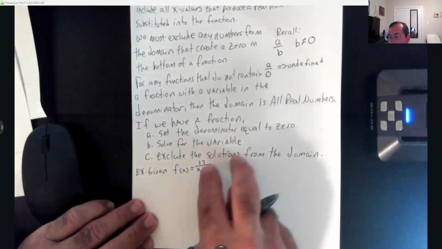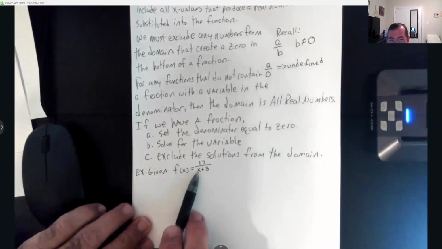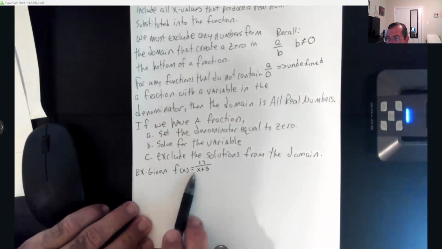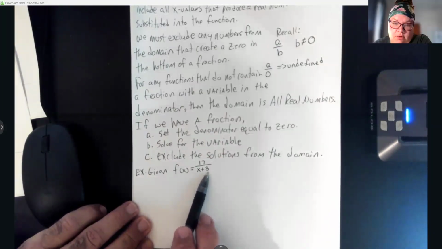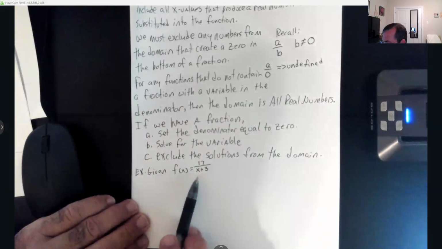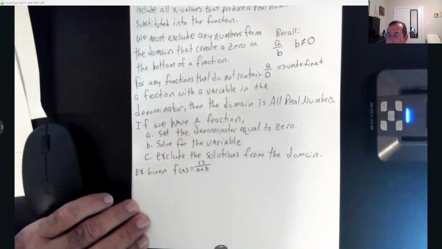So I want y'all to see one where I got a fraction actually here. Now y'all realize there's one number that I can put in for this x and make this equal 0 in the bottom, right? -3. Because -3 plus 3 is 0. 17 divided by 0, undefined.